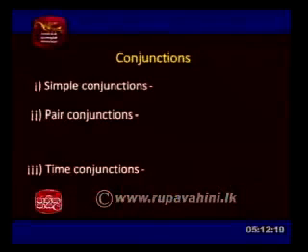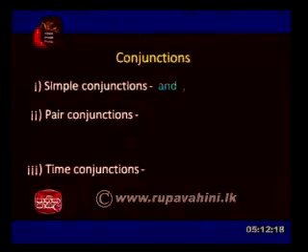And there is another word class, children, conjunctions. They join ideas or join sentences. Now here we have simple conjunctions just like and, but to join sentences. And there are some pair conjunctions. We call them correlative conjunctions.